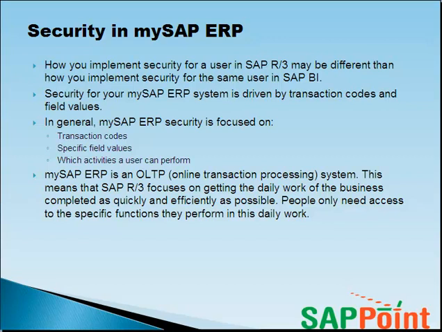We also saw that SAP R3 system is an OLTP system, which focuses on getting the daily work of the business completed as quickly and efficiently as possible. So people in these systems would need access to only what they need to perform their daily work.